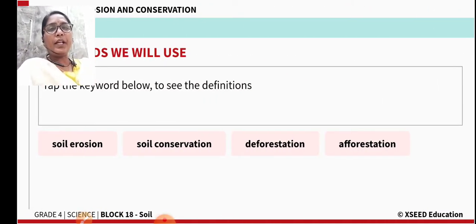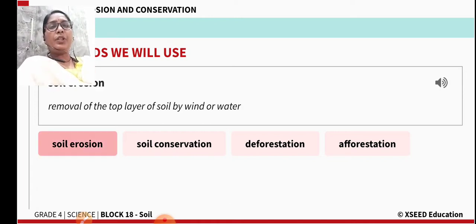One is soil erosion, S-O-I-L soil, E-R-O-S-I-O-N erosion. Soil erosion means removal of the top layer of the soil by wind or by water. Okay, this is a new word that you never learnt about.